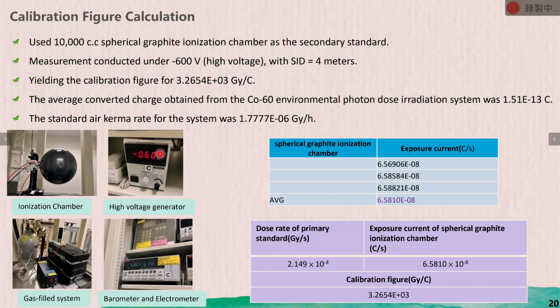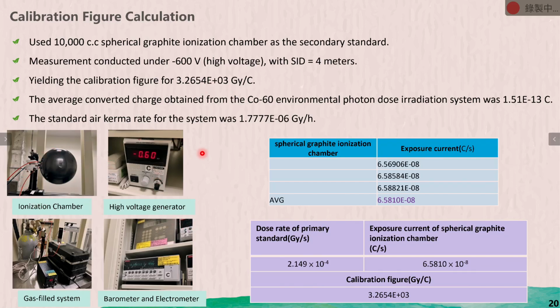So after we calculate the primary standard, we move this system into the primary standard laboratory here. We use our ionization chamber here as the secondary standard. Because we measure at about -600 volts, we also use this in our system.